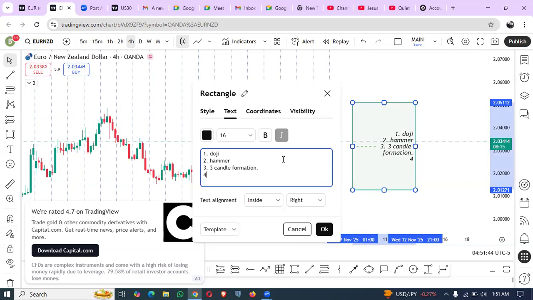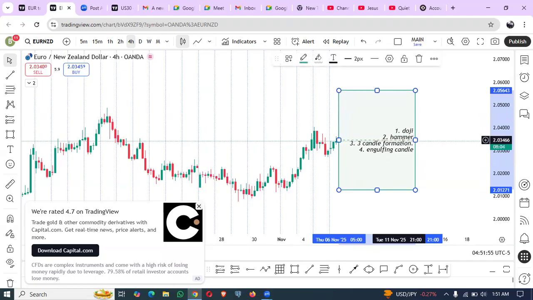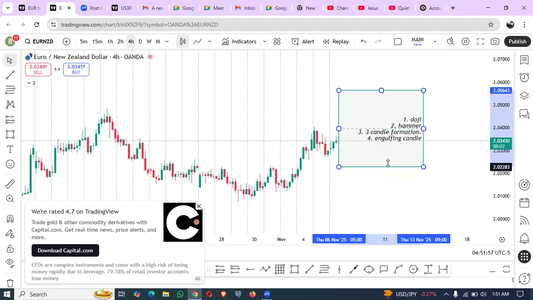And four, the engulfing candle. These are the candles that we trade.